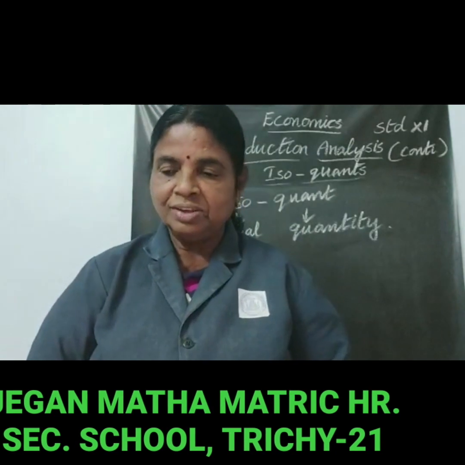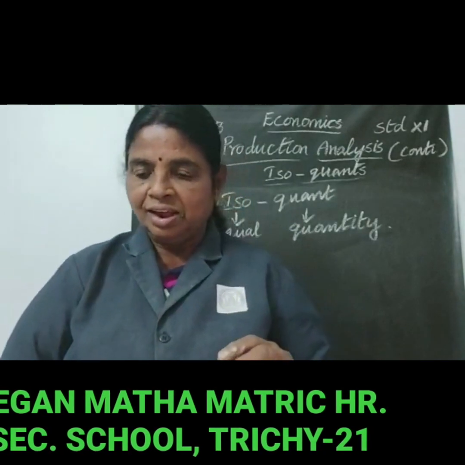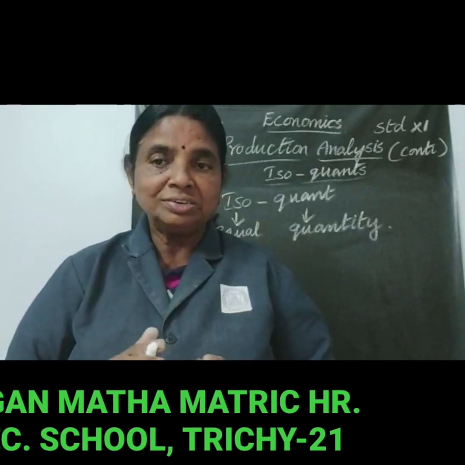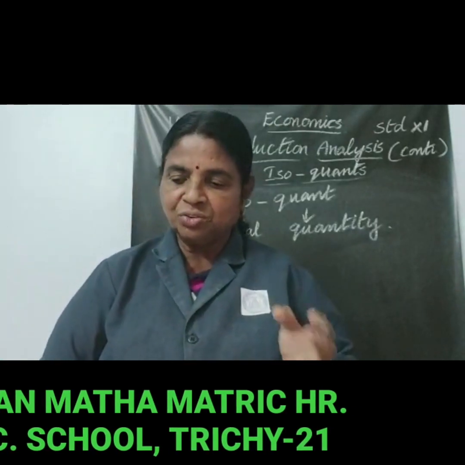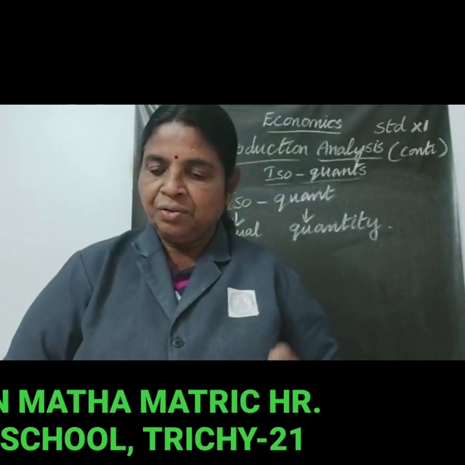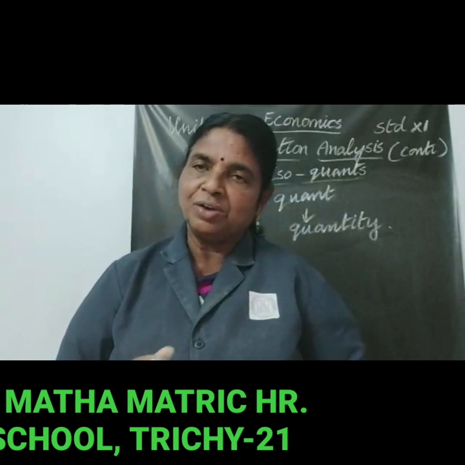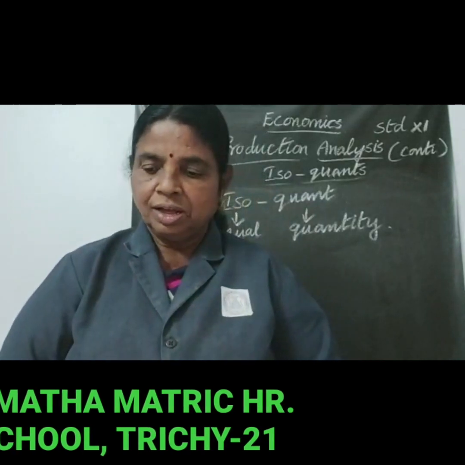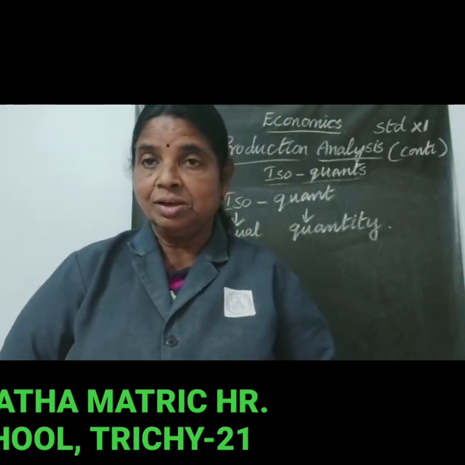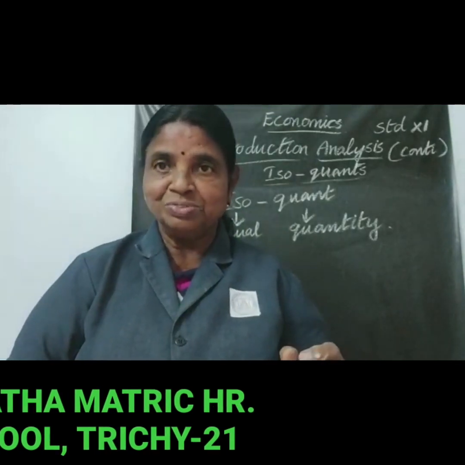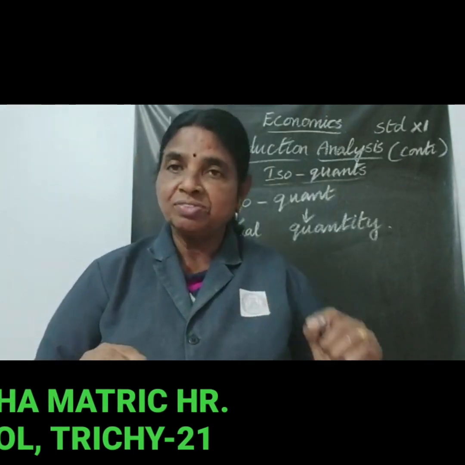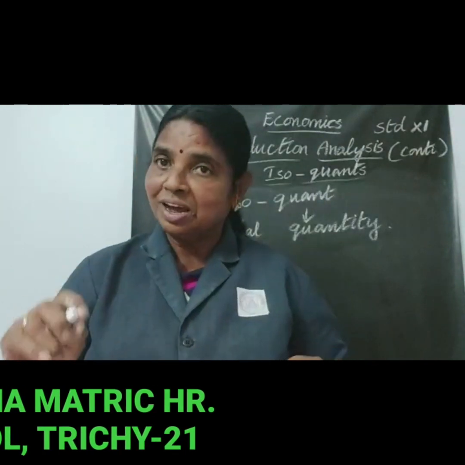In economics, an isoquant is a curve drawn by joining the combinations of changing quantities of two or more inputs which give the same level of output. Isoquants are similar to indifference curves, but there are differences too. Indifference curves we learned in the previous unit, consumption analysis.